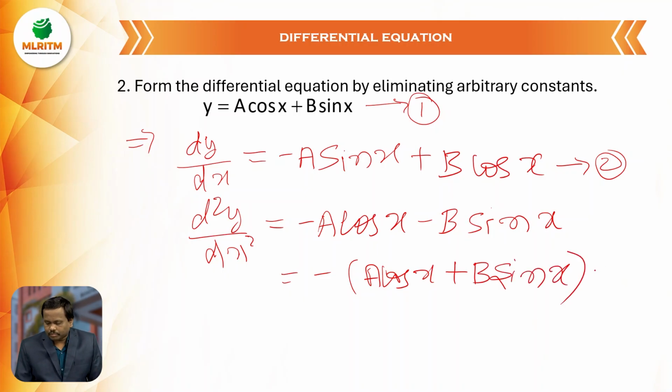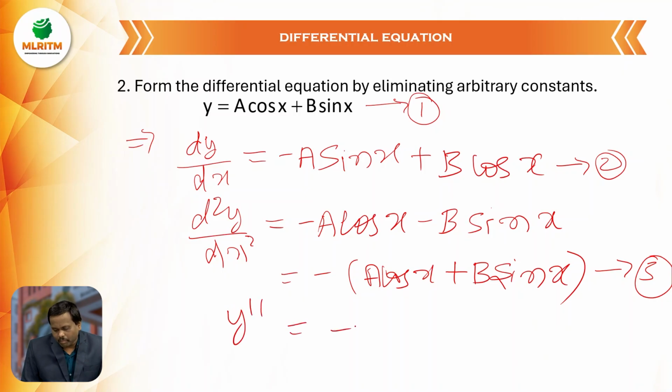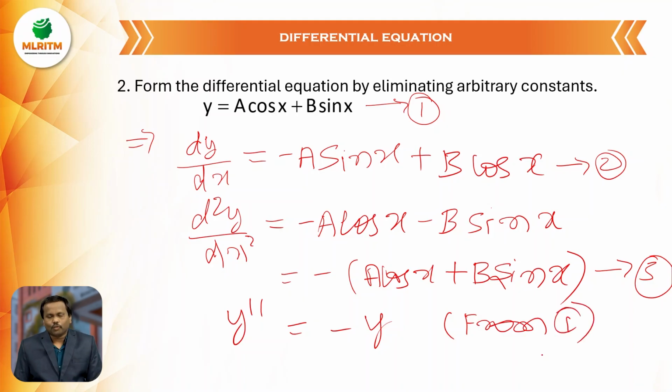By observing the RHS of equation number 3, this is equivalent to the given equation, equation number 1. So y is nothing but a cos x plus b sin x. So y double dash equal to minus y, from equation number 1.